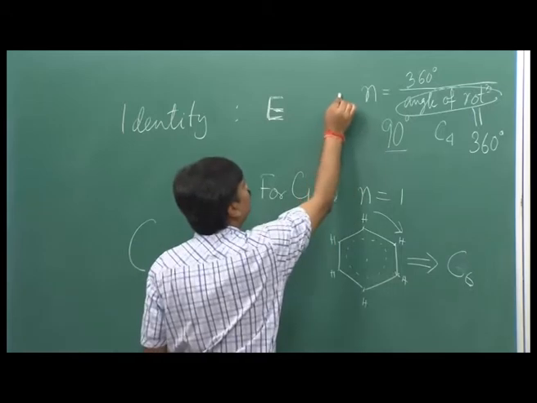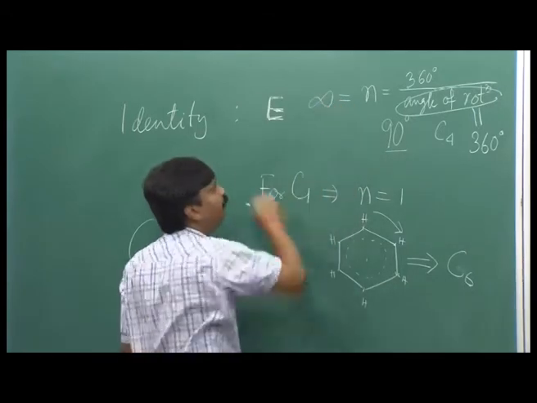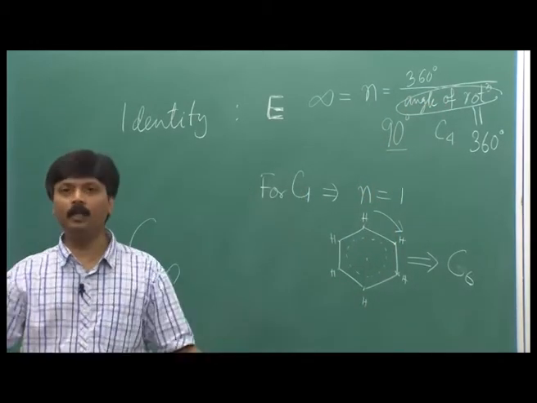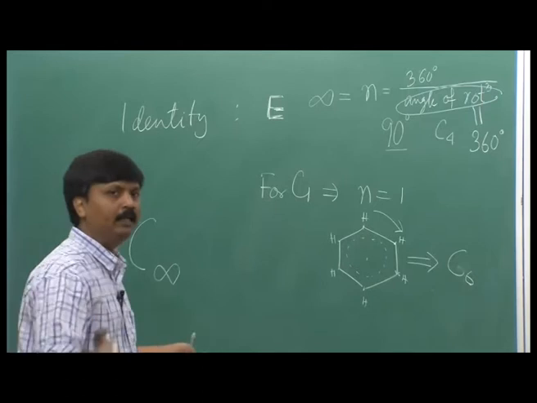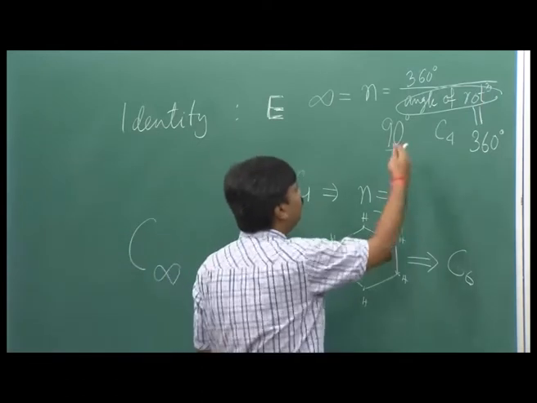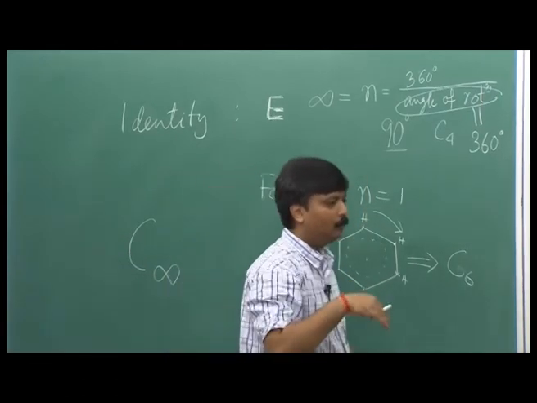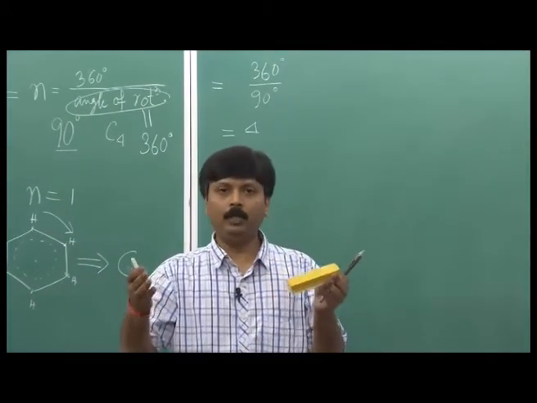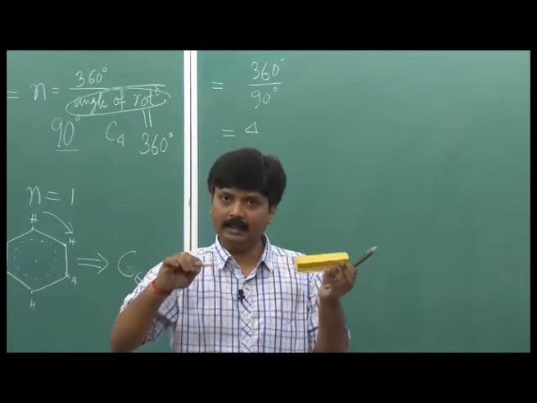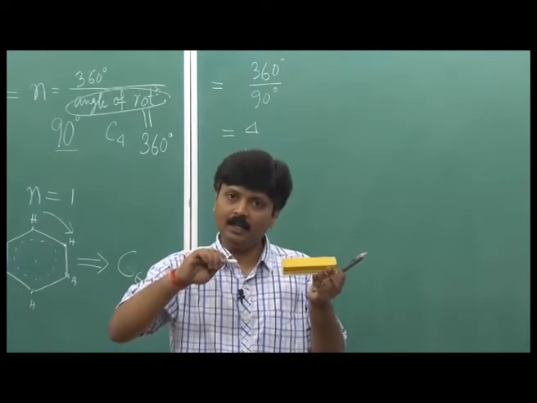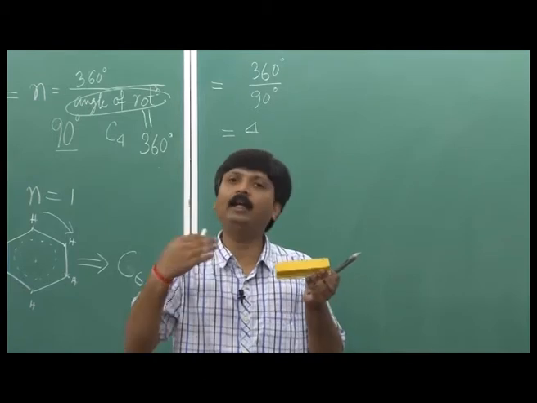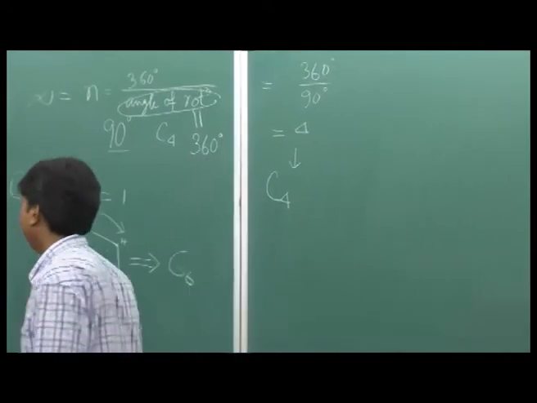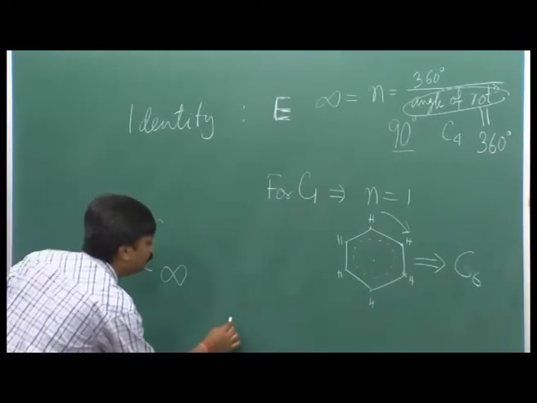So if I equate this to infinity, what do I have here? I have an extremely large number, right, almost like an infinity. So in that case I have a situation like an object or a molecule which has an axis about which I can give any turn by any amount of angle and I can get an indistinguishable structure. You need an example, right. So here is one example for you.